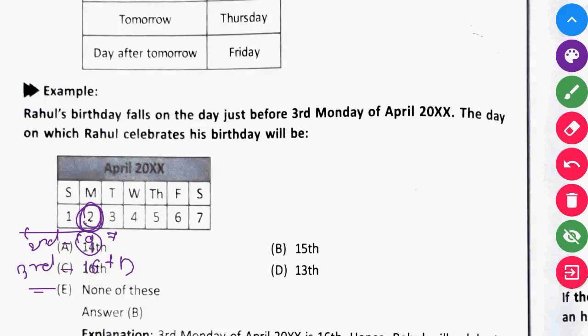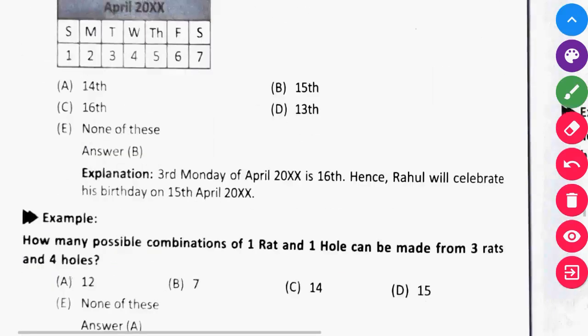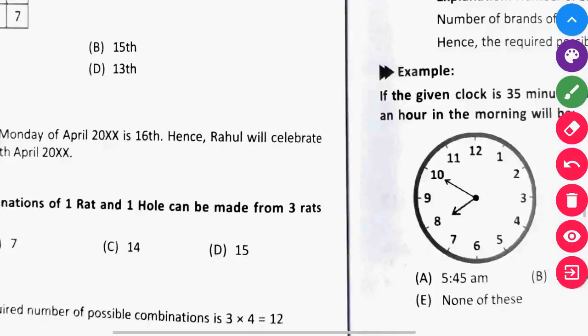But what I want to say is, don't hurry, or don't solve the question in a hurry. What they had said, the day just before the third Monday was his birthday. So the date was 16th on Monday, and his birthday was just before that day. Means on Sunday his birthday is there. So his birthday will be on the 15th of that month. So you have to read the question carefully and then solve it.